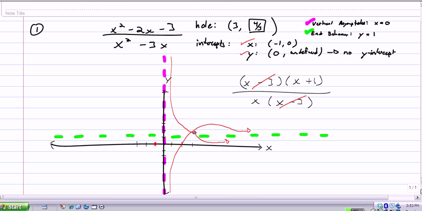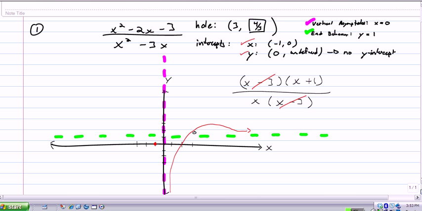What kind of work can we do to figure out if we hug that asymptote, the horizontal one, the dashed green line, what kind of work can we do to figure out if we close in on that thing from the top or from the bottom?